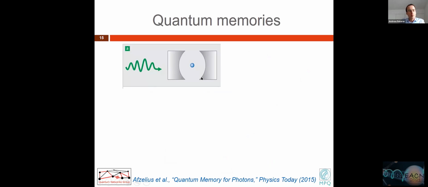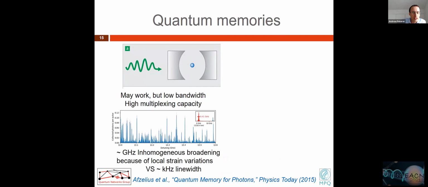So with this cavity-based approach, you can, of course, realize a quantum memory. You can take individual dopants, and by enhancing their emission with a cavity, you can have still moderate, but maybe high enough rates. But the bandwidth of this memory is of course low, just by the small coupling still to the field. On the other hand, this memory has a very high multiplexing capacity because each of these dopants will emit at a slightly different frequency because of a slightly different strain experienced by the crystal.